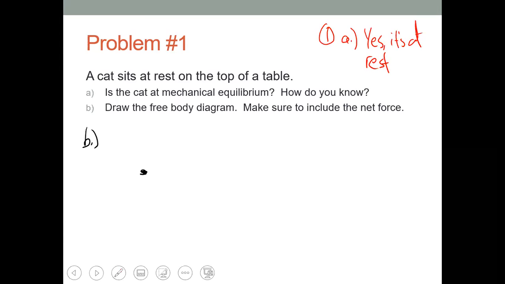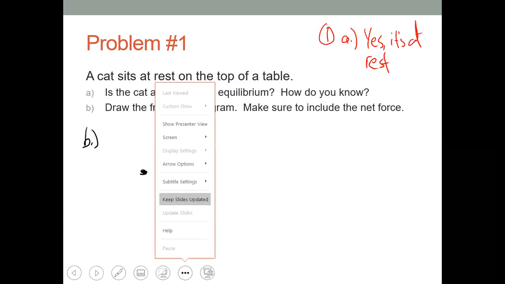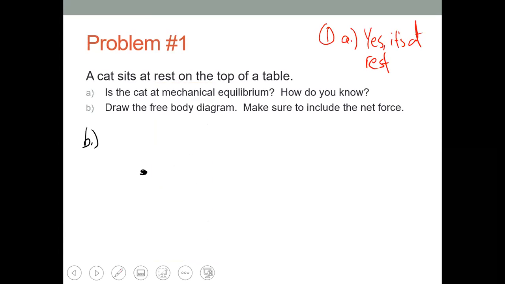In the chat, just give me an example of those 6 types of forces. We've got applied, tension, friction, air drag, weight, normal force. Which of those do you think might apply to a cat on the table?